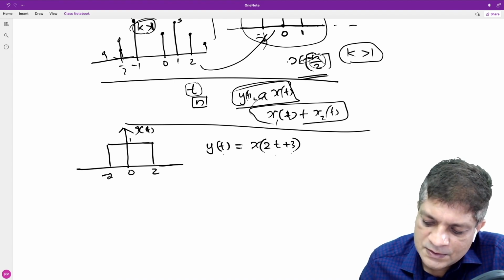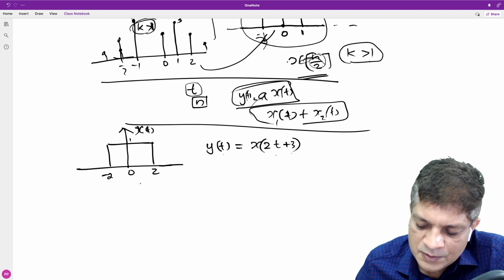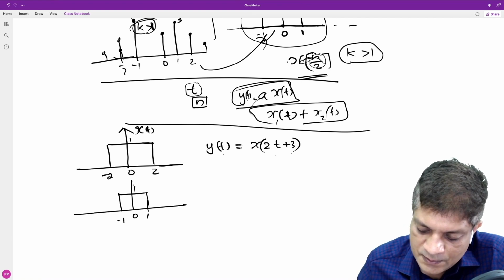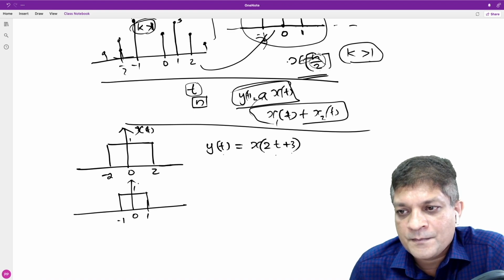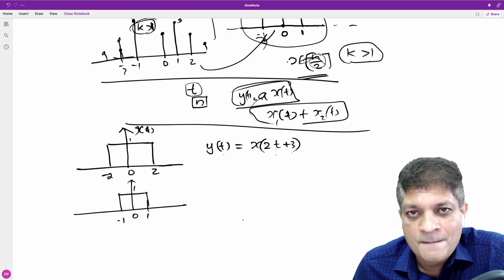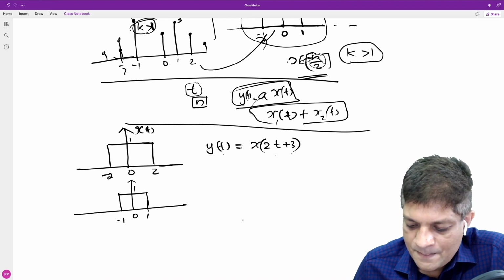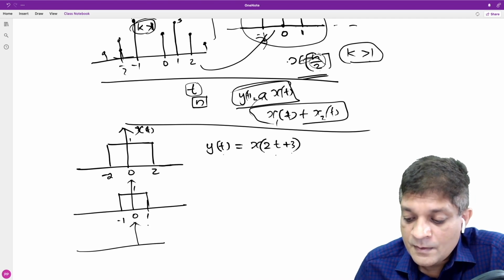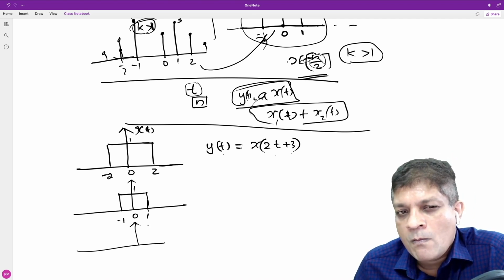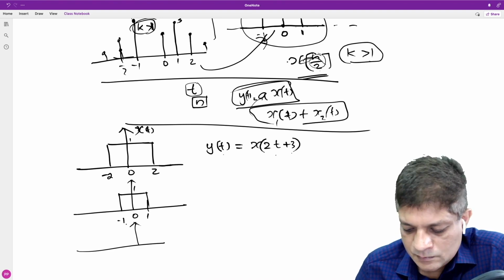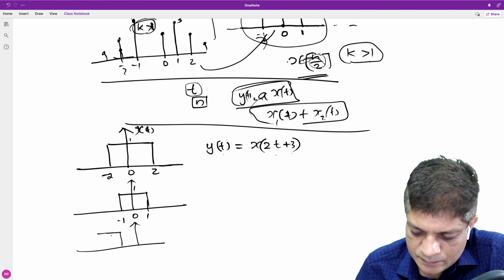So if we first scale the signal by 2, then what is the signal? Is this the signal? 0, 1, minus 1, 1. This is the signal, isn't it? I am first scaling the signal. Yes. Now, if we shift it, then what is the signal? Is it shift left or right? Left.